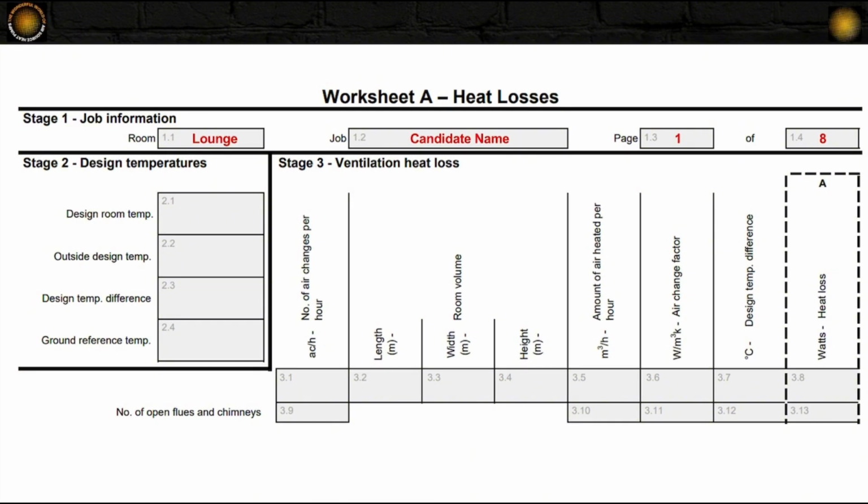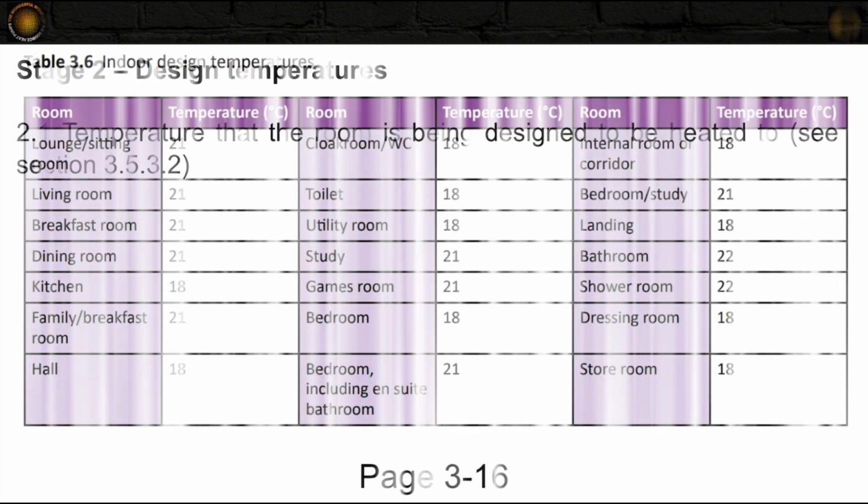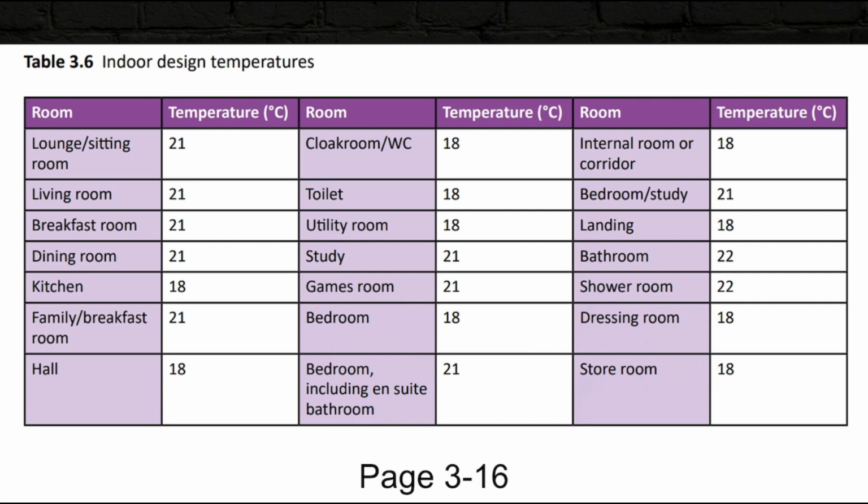Stage 2, box 2.1 is looking for the temperature that we are designing that room to be brought up to, i.e. our comfortable living temperature. So to gather that, we go to section 3, page 16, where we're encountered with table 3.6.